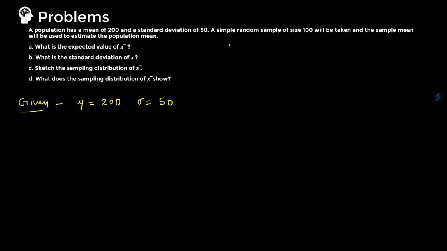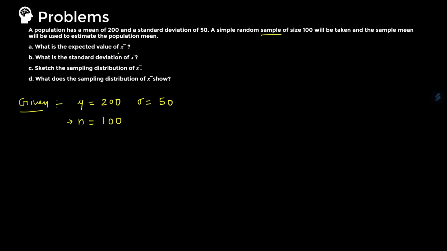Then it says that a simple random sample of size 100, n is given, will be taken, and the sample mean will be used to estimate the population mean.